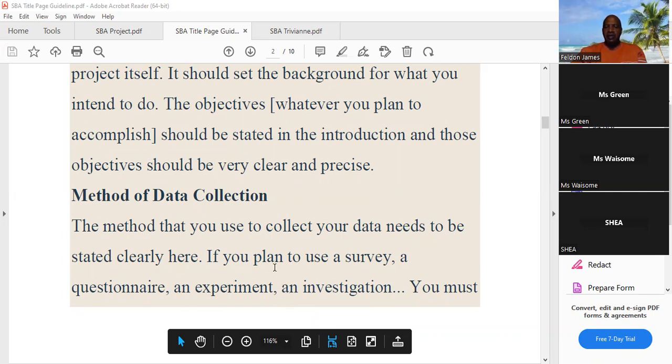So note here now, you don't all have to use a survey in terms of collecting your data, right? You can just use an investigation. With an investigation, you're still going to collect some data, but it doesn't have to be in the form of a questionnaire or so on.